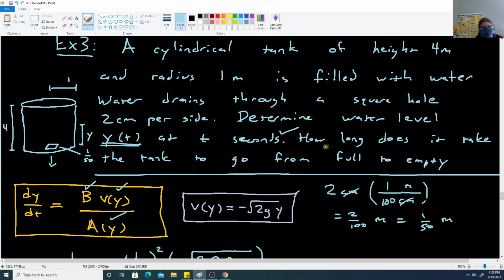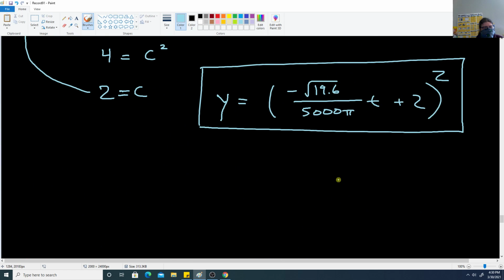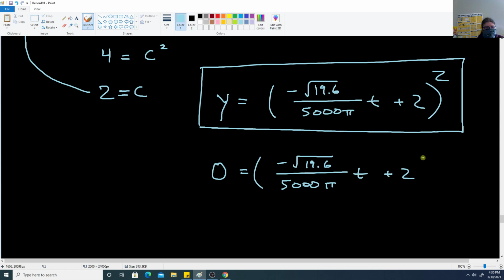To finish off, we say, how long does it take the tank to go from full to empty? So what it's asking us is if the tank is empty, then the water level is 0. So it's asking us if we let the water level be 0 in our equation, what's the t value that corresponds to that?